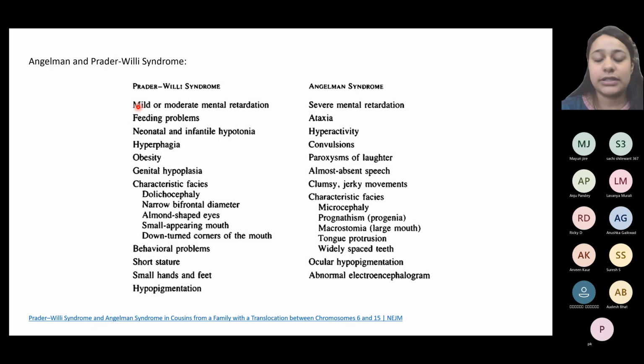Other characteristics for Prader-Willi syndrome are feeding problems, neonatal and infantile hypotonia, that is, reduced muscle tone, then hyperphagia, where they always feel very hungry, then obesity and genital hypoplasia, meaning the genitals are not well developed. Then they have certain facial characteristics, such as dolichocephaly.